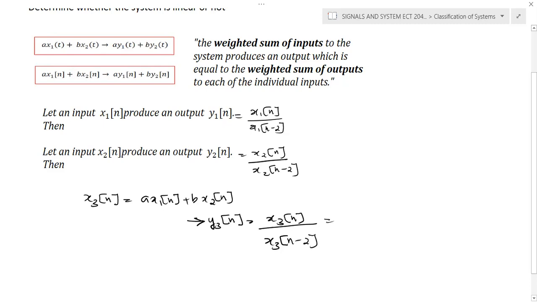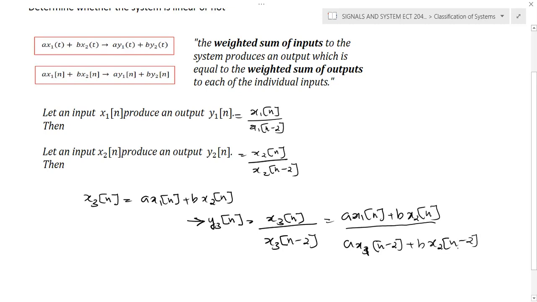And in place of x3 of n, you can substitute this equation. So it becomes a x1 of n plus b x2 of n in the numerator, and the denominator is a delayed version: a x1 of n minus 2 plus b x2 of n minus 2.